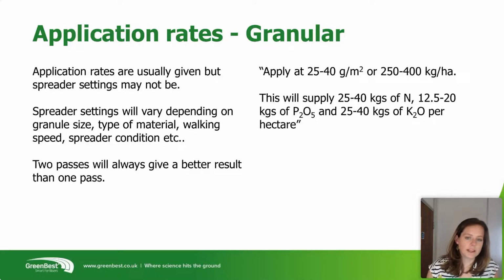So with application rates for granulars, we go for grams per square metre or kilos per hectare, whichever one you're more used to. It's usually given in both. And then it usually tells you how many kilos of nitrogen, phosphorus pentoxide and potassium oxide per hectare.